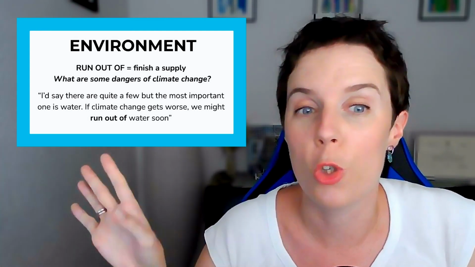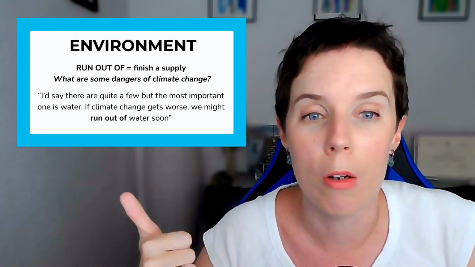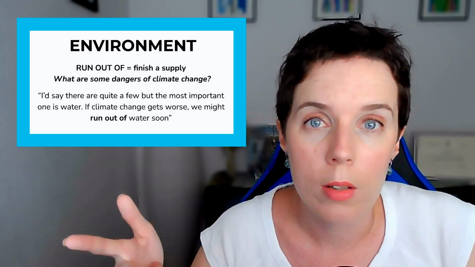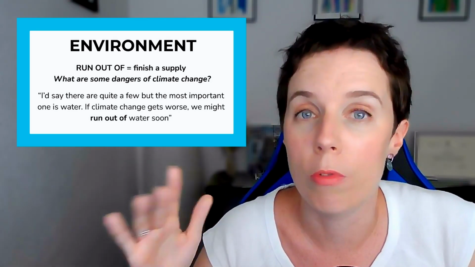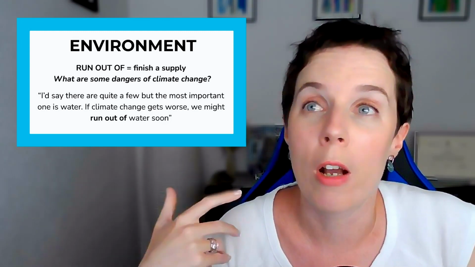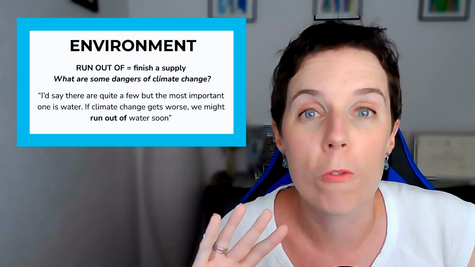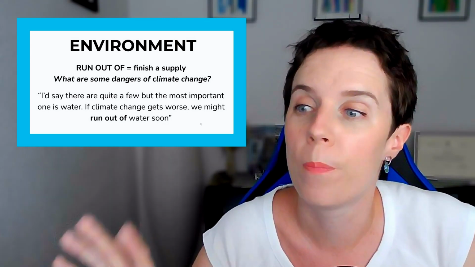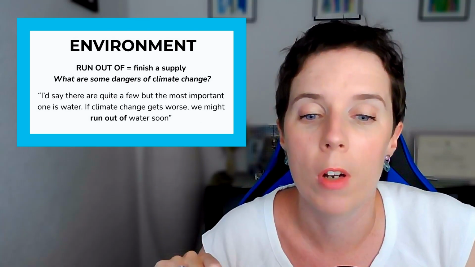If you finish your money, you don't have any money now, you run out of money, run out of water, run out of energy. If you're completely exhausted, you've run out of energy, run out of patience, run out of food. Anything that you finish a supply of, you run out of that thing. Really useful phrasal verb. Very common as well.